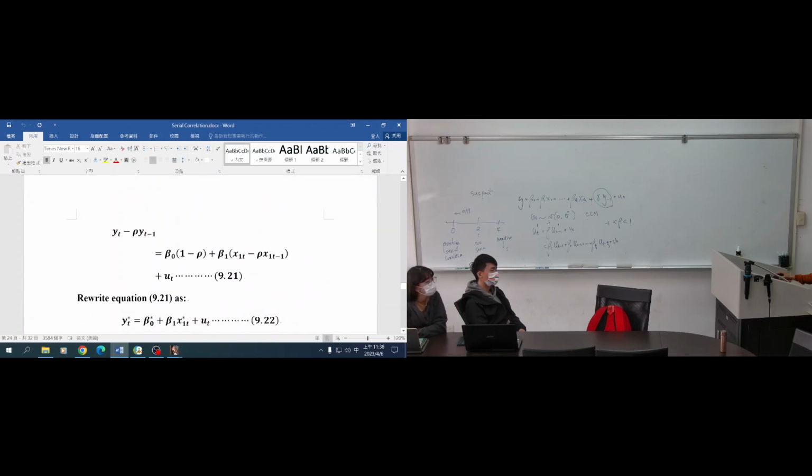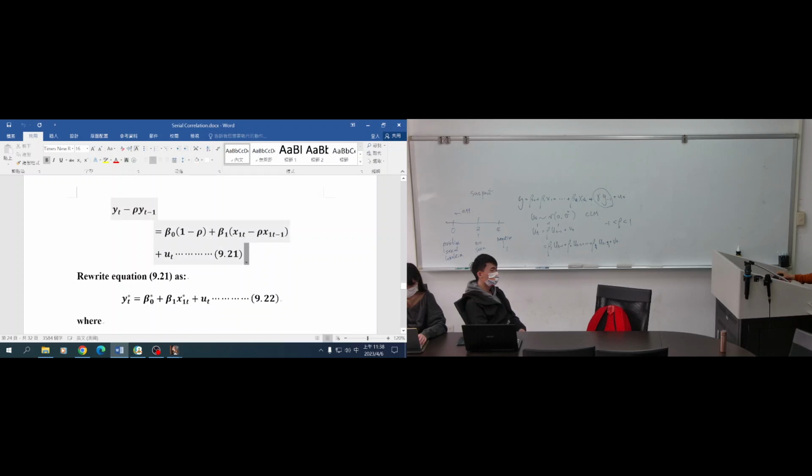It makes equation 9.21, and since this follows the classical linear model's assumptions, I can use OLS to do the regression estimation of 9.21. Actually, my y variable turned out to be like this; I put the star signs.